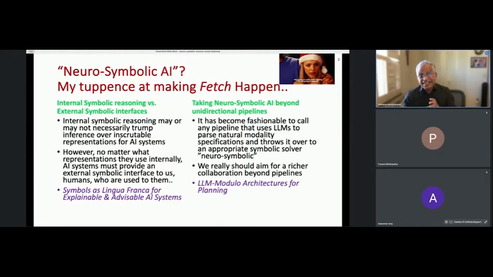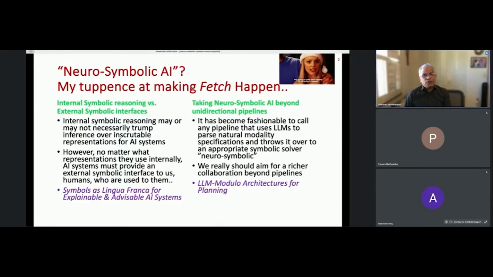I sometimes think neuro-symbolic seems to be sort of trying to make fetch happen, because deep learning is working well, so how do we get symbolic back in? I think there is a much more meaningful way from my perspective to bring it in, and I differentiate into these ways. One is that you might want to separate internal symbolic reasoning versus external symbolic interfaces.